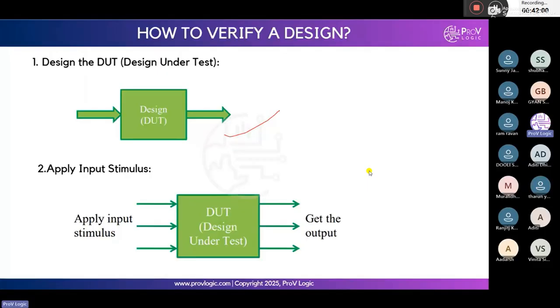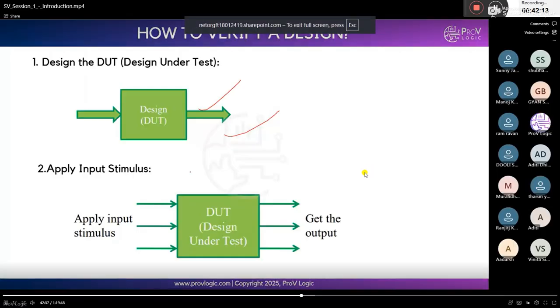Then whatever issues you get from next time will be from the SystemVerilog testbench only.